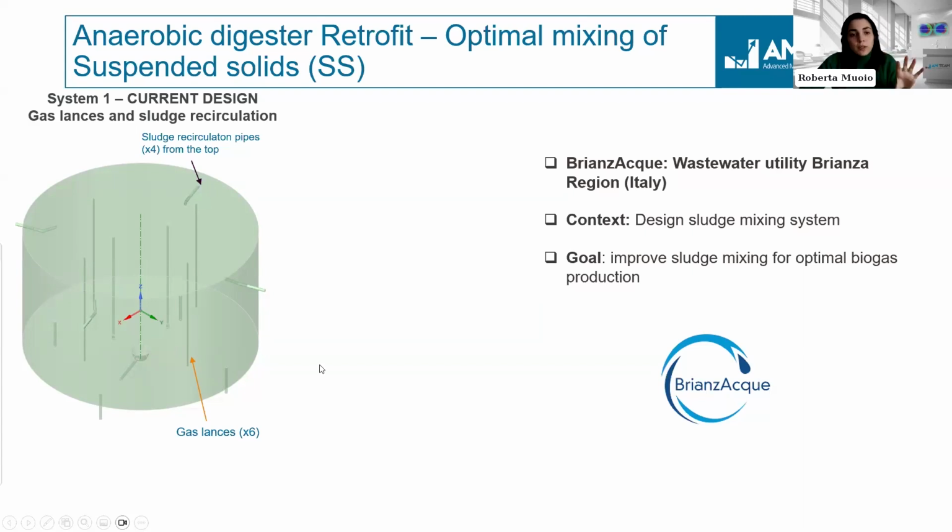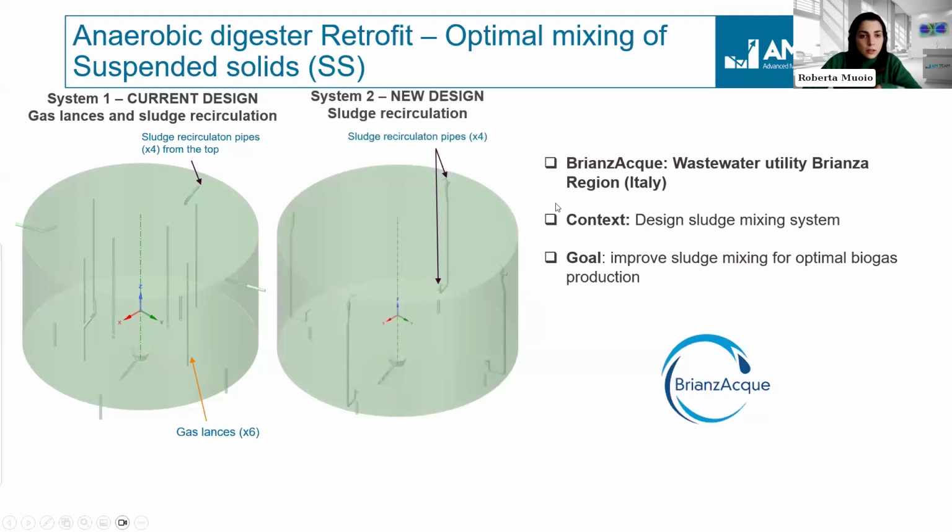So there we first started with the current design, system 1, and we tested also other designs or mixing technologies, and here we are presenting the new design, the new mixing system they decided to go for.